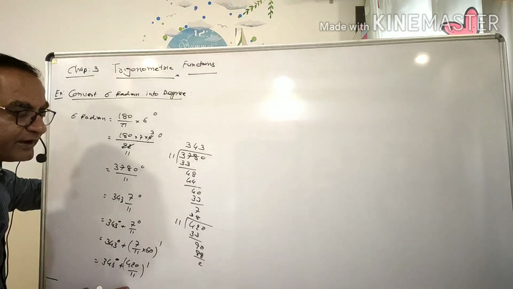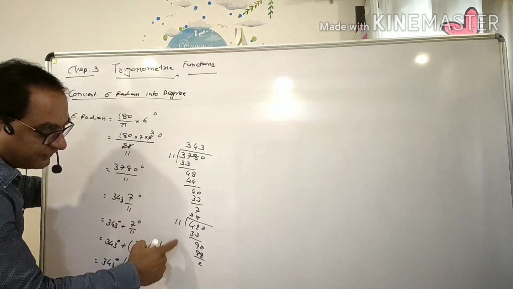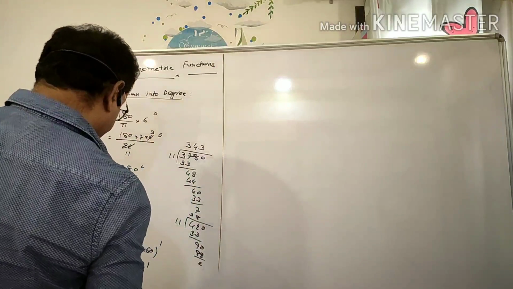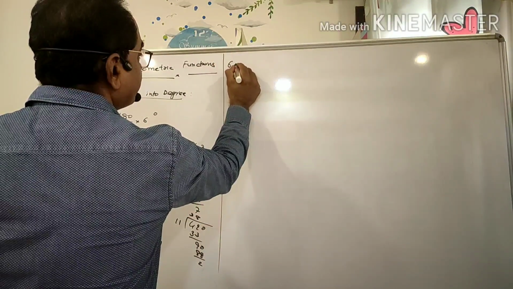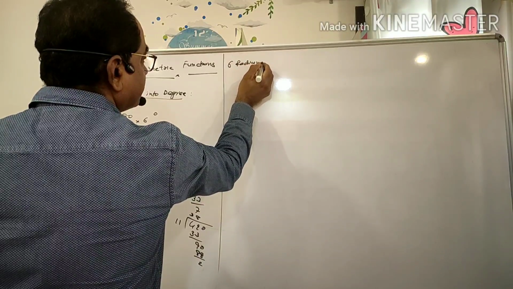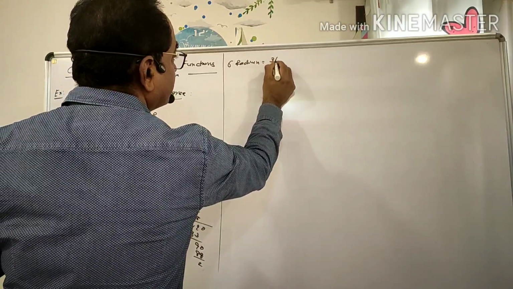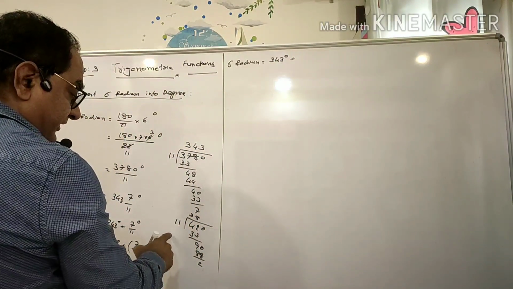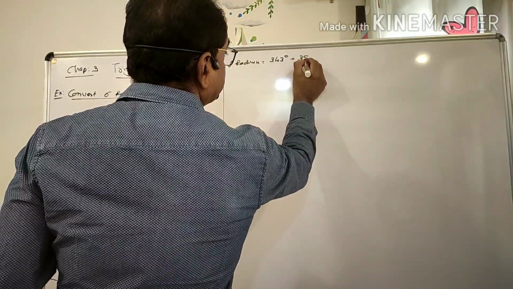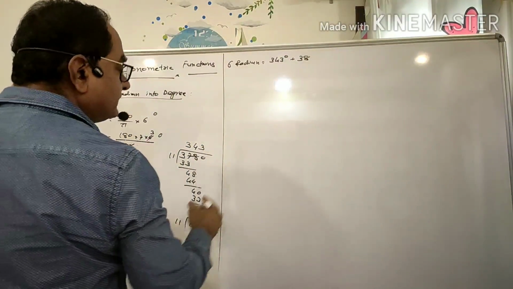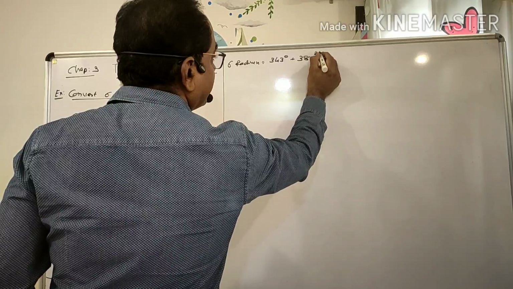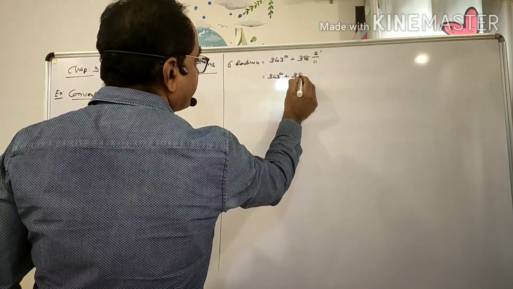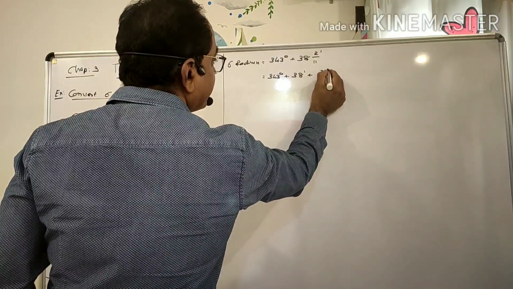So in place of 420 by 11, we can write 38 and 2 by 11. So 6 radians is equal to 343 degrees plus 38 and 2 by 11 minutes. Further, 343 degrees plus 38 minutes plus 2 by 11 minutes.